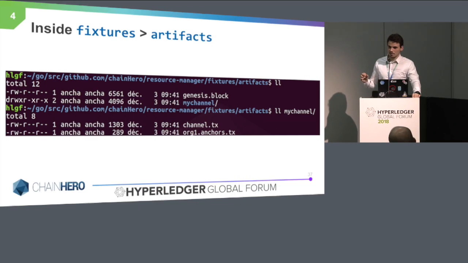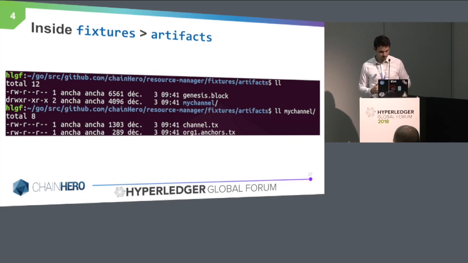These peers are here to say, oh, you are new, let's look at the part of the network I know already. So this file is just here to make new peers join the channel.